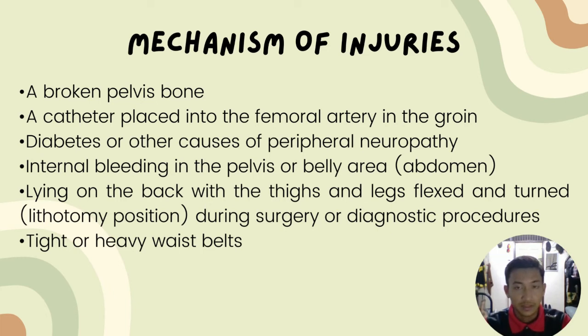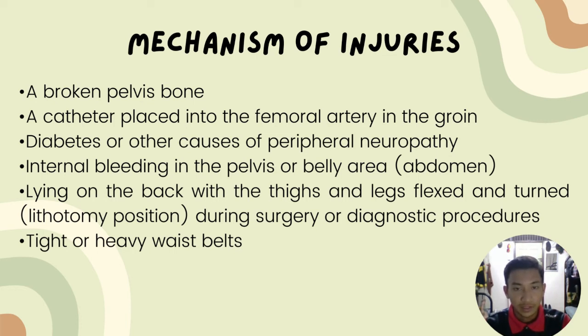Next is the mechanism of injuries. One of them is a broken pelvis bone. Second is a catheter placed into the femoral artery in the groin. Third is diabetes or other causes of peripheral neuropathy.